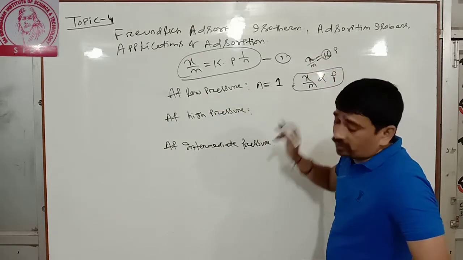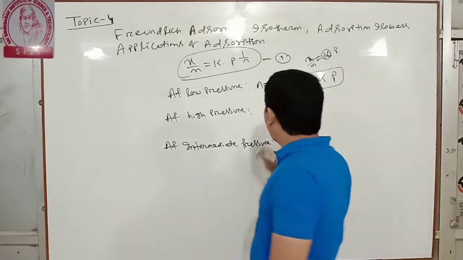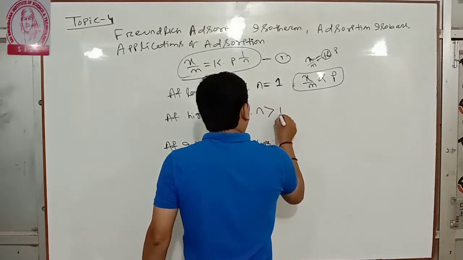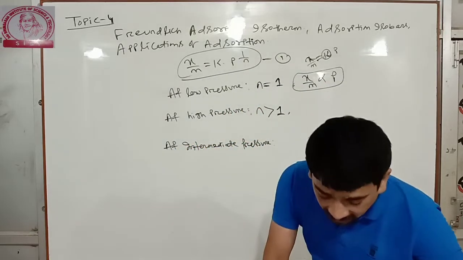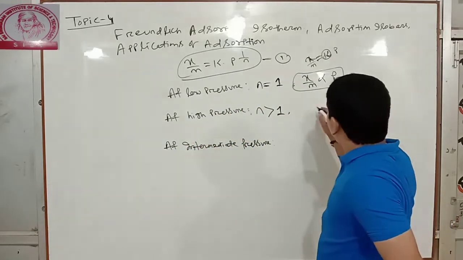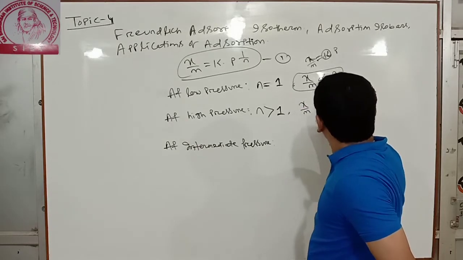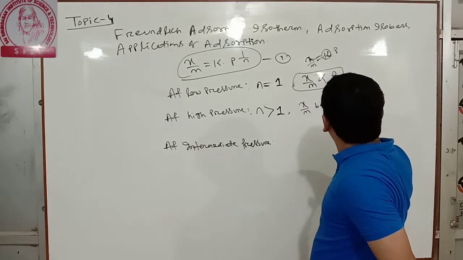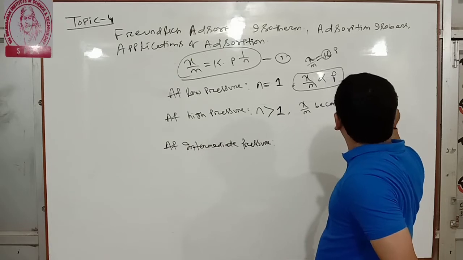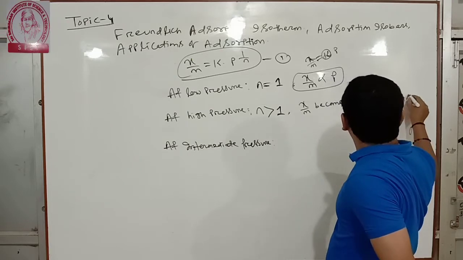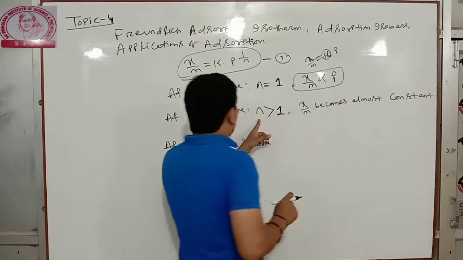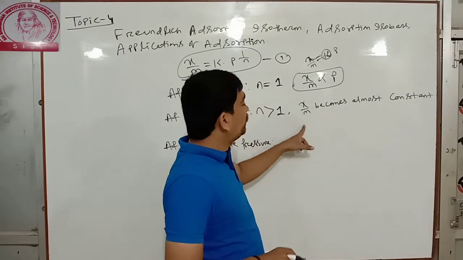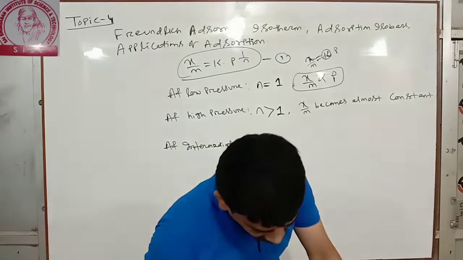At high pressure, n is greater than 1, so x/m becomes almost constant.